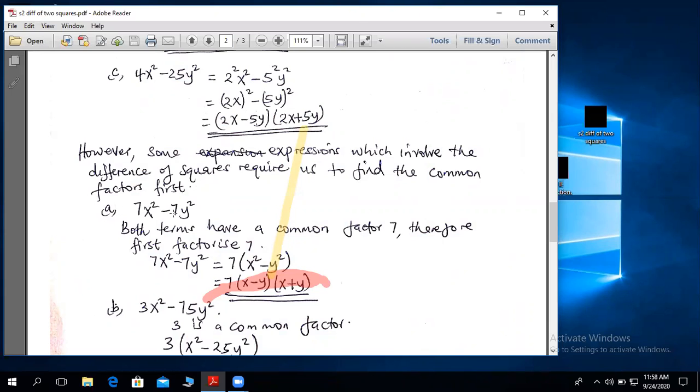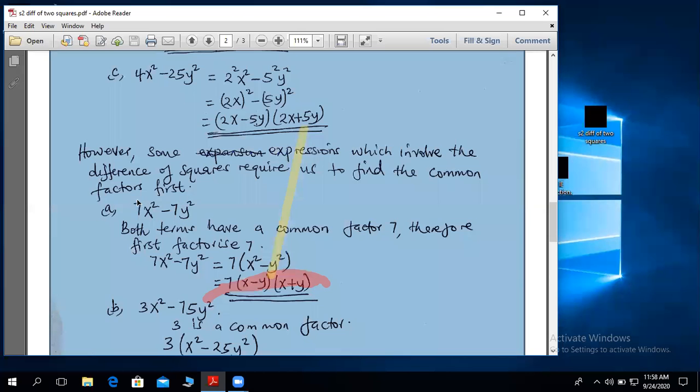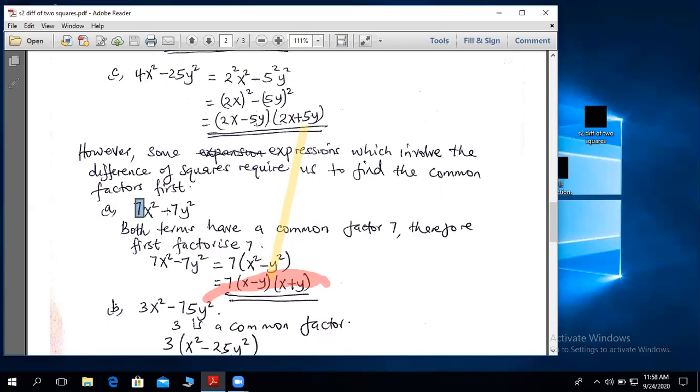When you look at this, on this term there is 7, and on this term there is also 7. So 7 is a common factor. 7 is a common what? Factor.